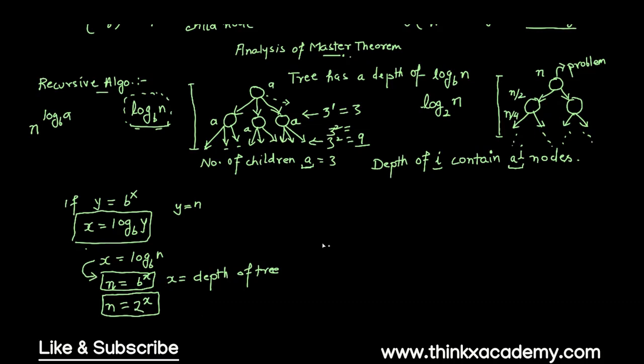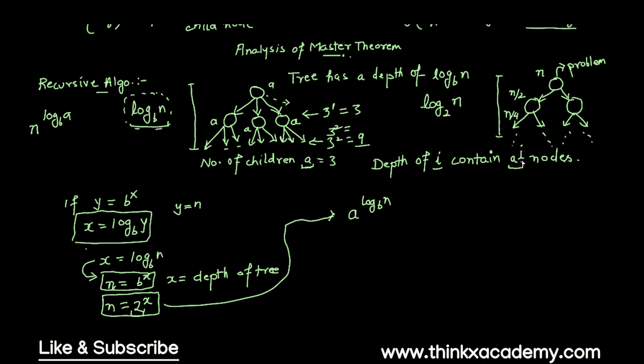So if I consider this equation, a raised to the power log base b n, this basically represents this equation. As you can see, 2 is b, n is y, and a is the number of children. So depth i contains a raised to the power i nodes.